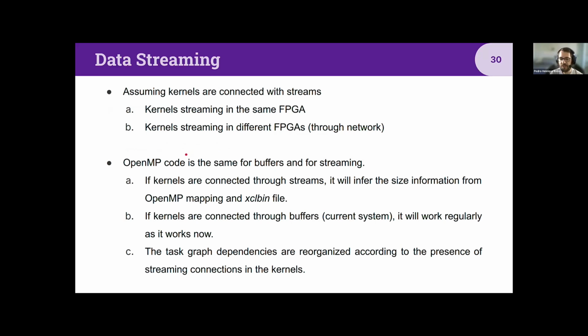So the code would not change. We would extract information from the XLB files with plugins to see where the streaming connections are and infer some information about the streaming part, like the size of the data you're transferring using streams, and we modify the dependencies during runtime to enable kernels to stream in the same FPGA or kernels to stream in different FPGAs through some kind of network IP.